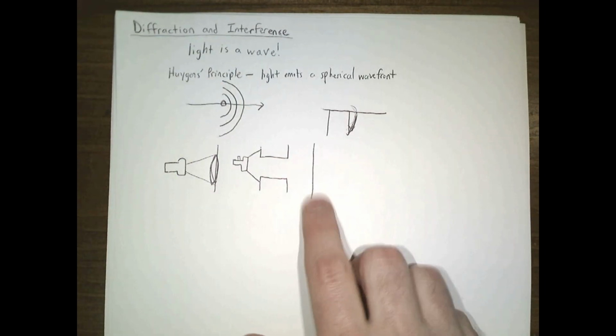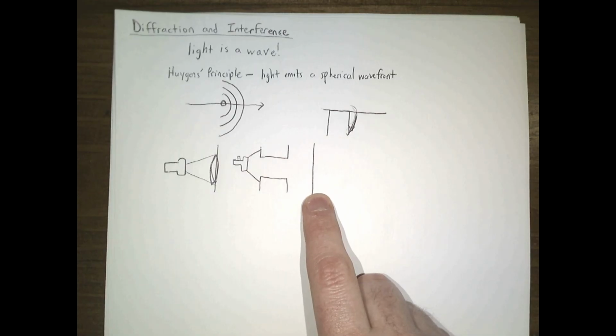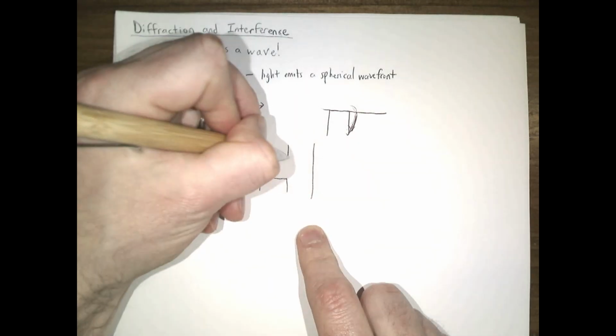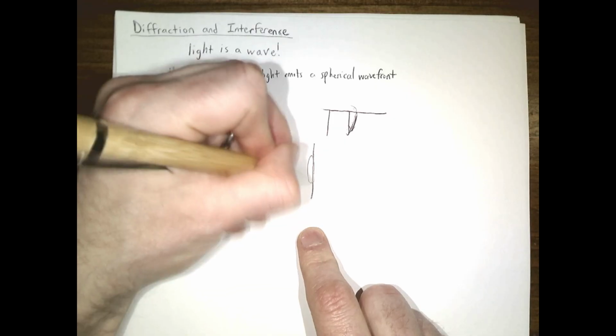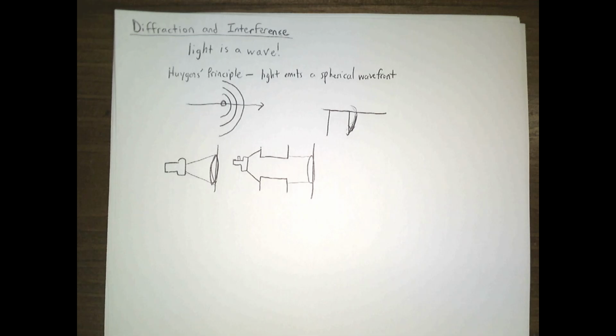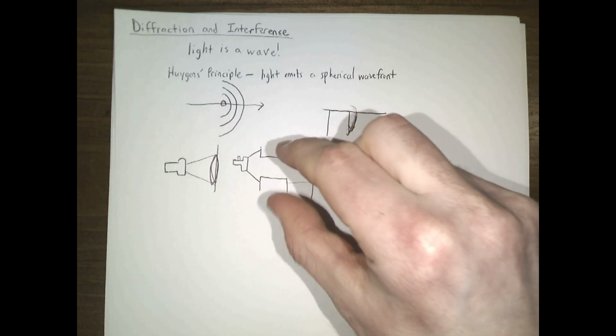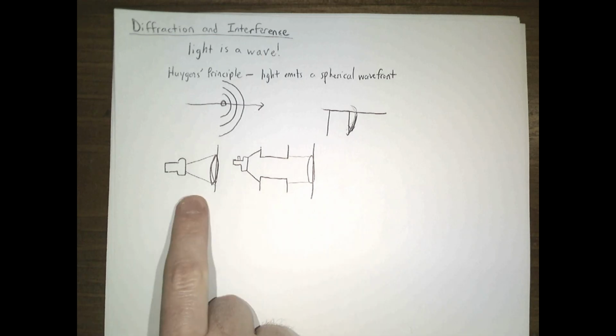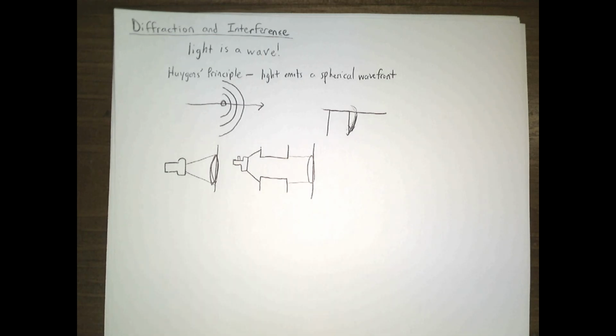If I've got a wall on the other side here, and I want to project that light on, we really just kind of get another spot. The light that gets through makes a spot on the wall, just as we expect. Maybe the spot's a little smaller because the opening of this little piece here is smaller than just shining it directly on the wall, but we get a spot.